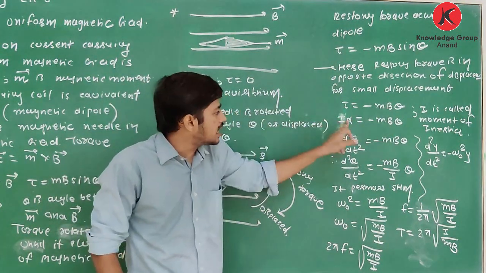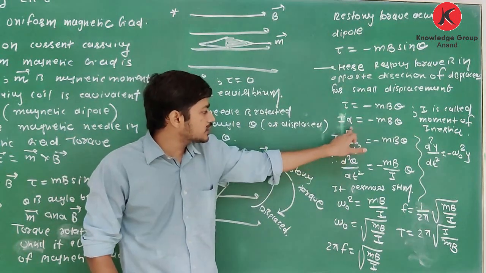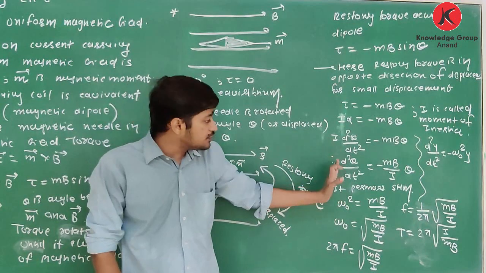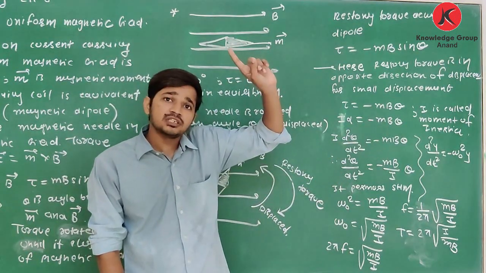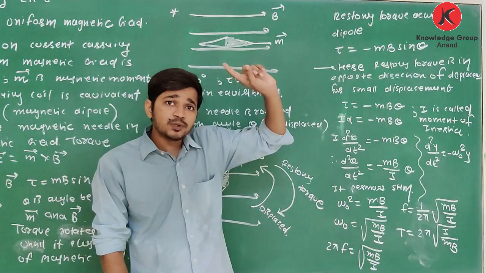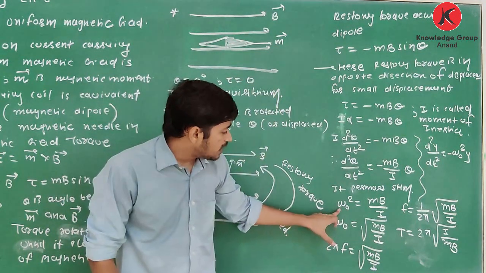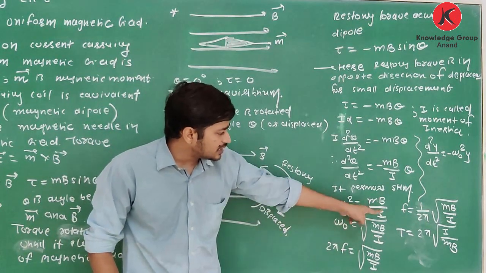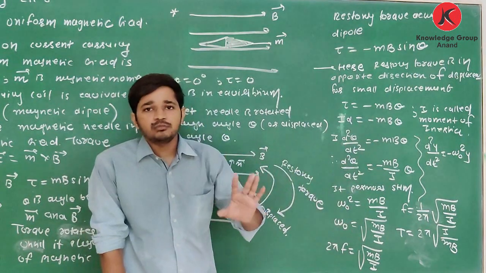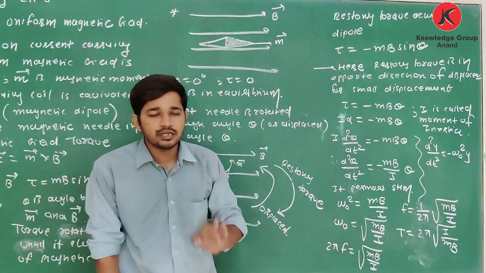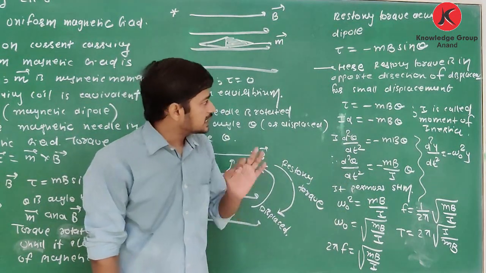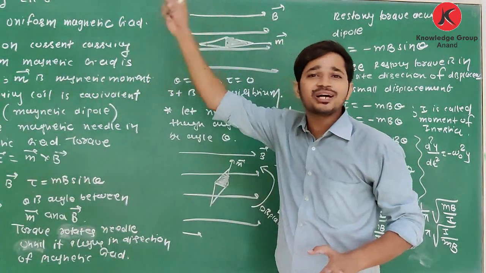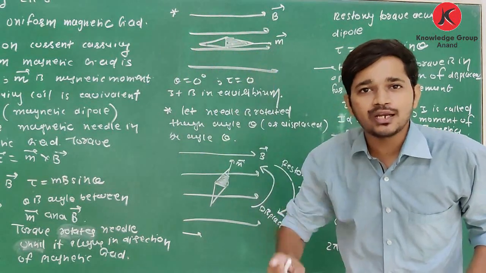So tau, I alpha, d square theta upon dt square, is the equation of simple harmonic motion. We have to compare with 11th chapter number 14, simple harmonic motion. So omega 0 square is equal to mB upon I. The equations of frequency and periodic time you have to remember. Clear about this? So yes, it is again one important theory, and it is similar to chapter number 1. Clear about this?